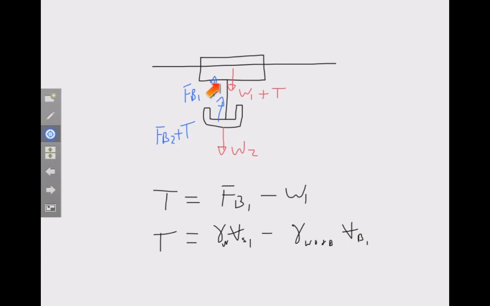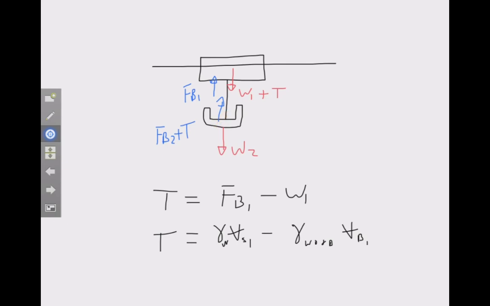But because the block is floating, it has a buoyant force due to the hydrostatic pressure distribution. It's pushing up from the bottom. That FB1 is balancing this W1 plus the tension. In addition, the force on the lower object is its weight, W2, but the upward force is equal to the buoyant force plus the tension in the string. So the tension's actually in the opposite direction.